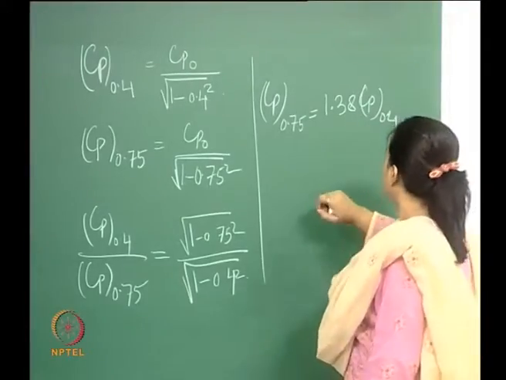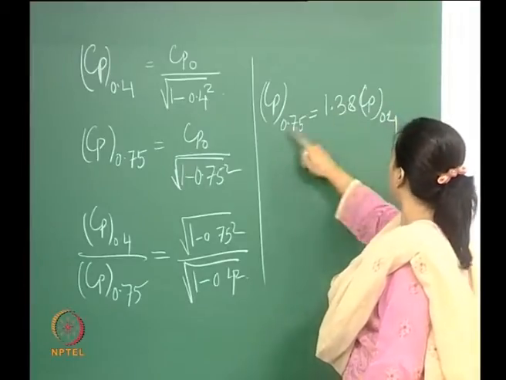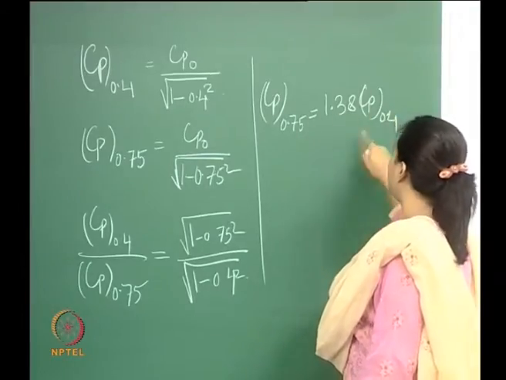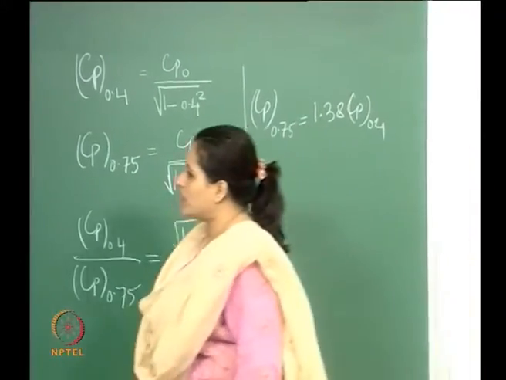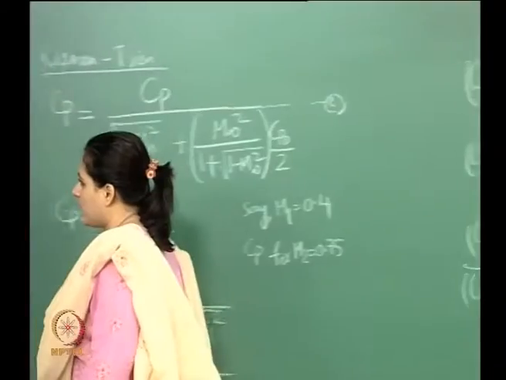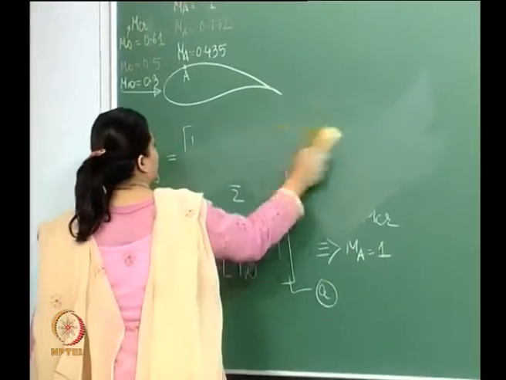And if either one is known, you can calculate the other in terms of each other as well. Okay. So, that is what I am trying to show over here. So, let us look at a problem.